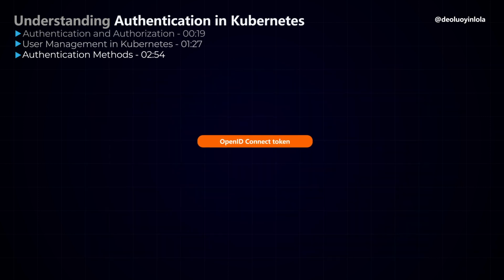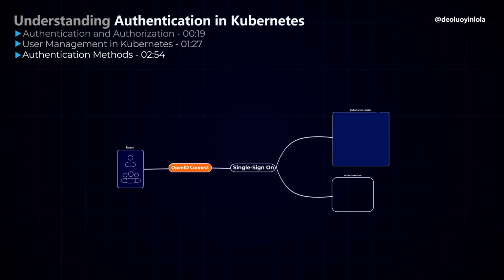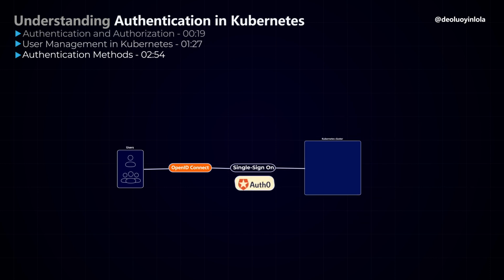Next, let's look into OpenID Connect tokens, which are considered an industry standard. Using OpenID Connect, you can achieve a single sign-on experience for your Kubernetes cluster. This is an authentication layer that is created on top of OAuth 2.0, which allows third-party applications to verify the identity of the end users and obtain basic user profile information.